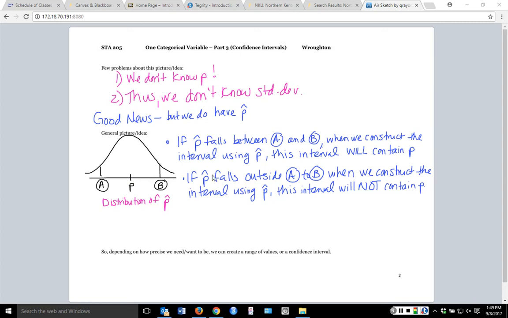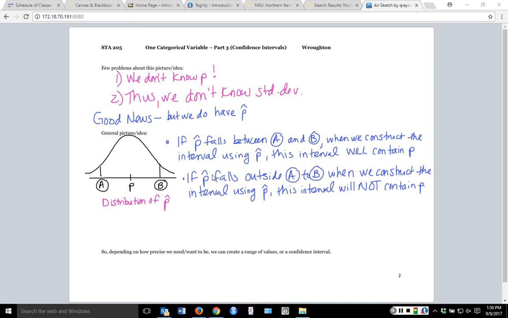Now, why do I actually want it to be inside my interval? The goal is we have this sample proportion, so for example, our 29% from that opening example. And I'm saying, well, I have this 29% and I realize it's only a sample proportion. That does not mean that 29% of all Boone County elementary school students are eligible for free or reduced lunch.